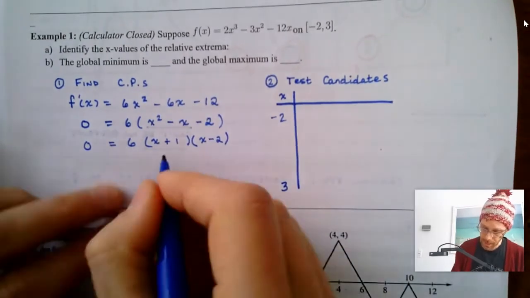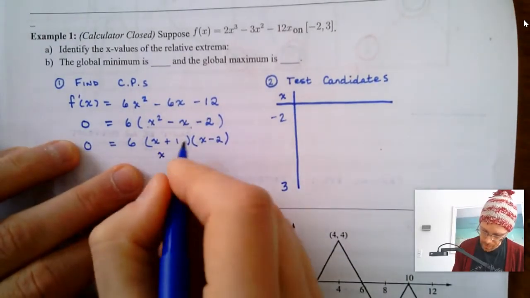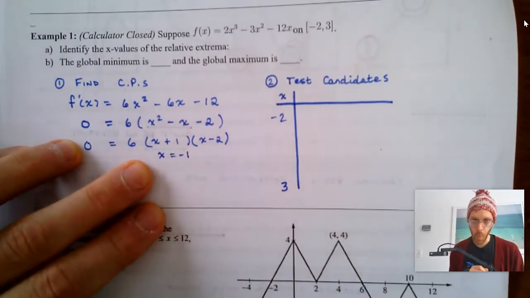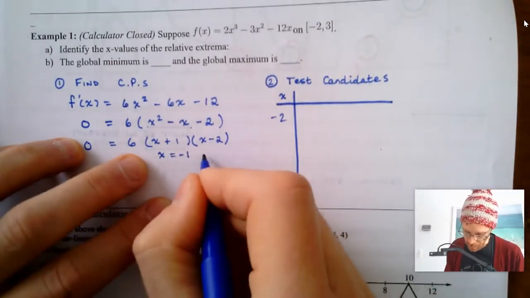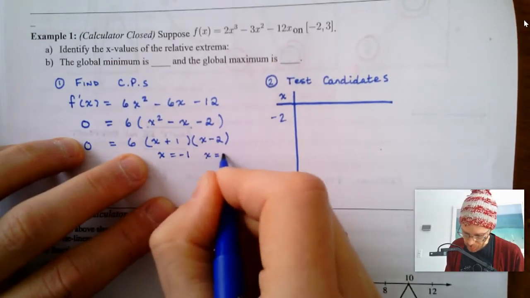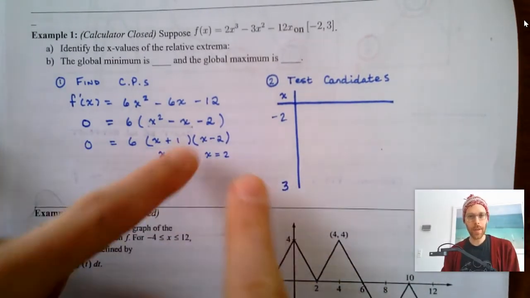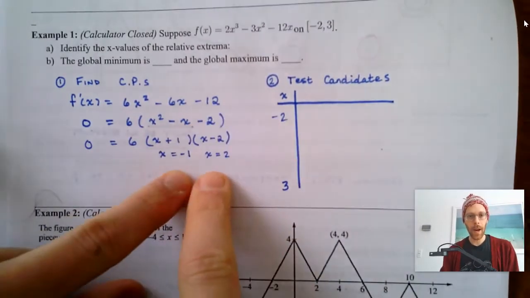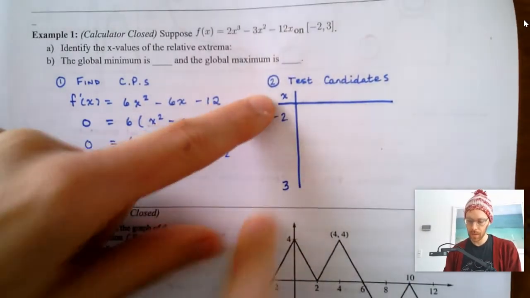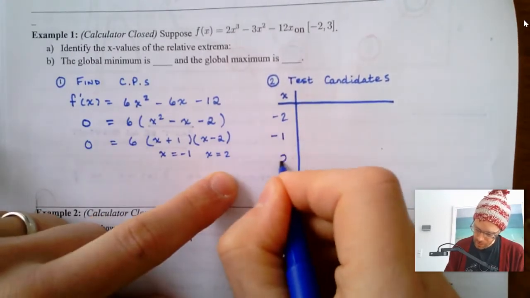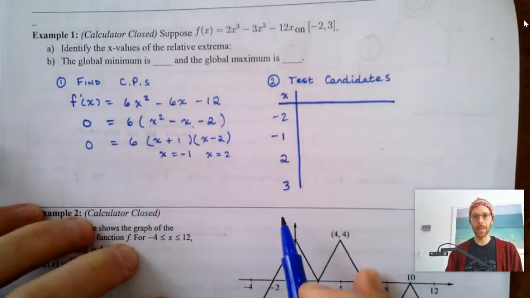Okay, so what does that tell us? That tells us that we are going to have a critical point at -1, and we're going to have a critical point at 2. And then you just check and make sure that these are in the interval. They are. Both of these numbers are between these two numbers. So I'm going to add -1 and 2 to my list of candidates.